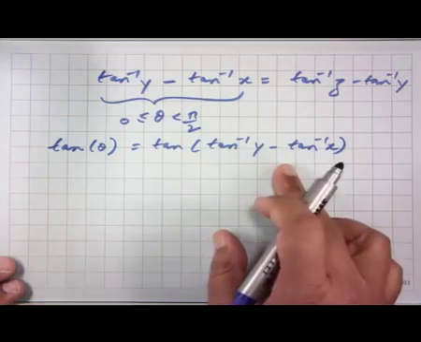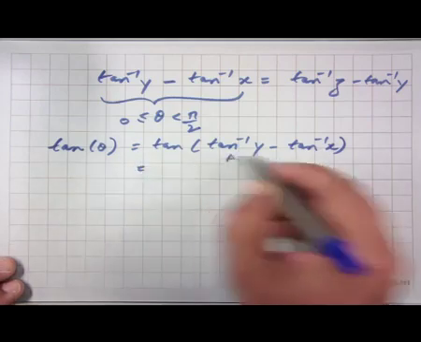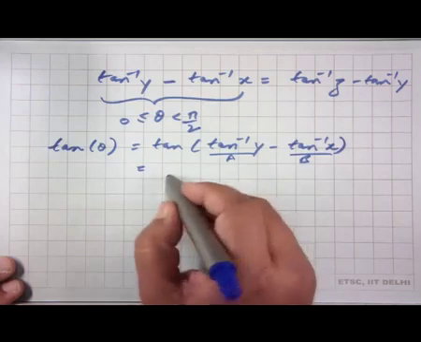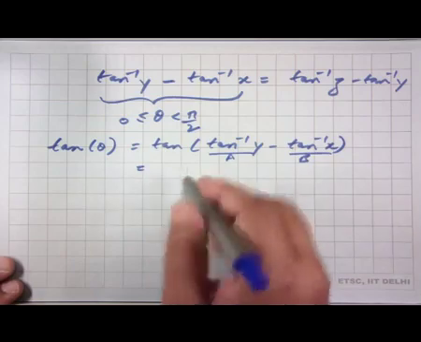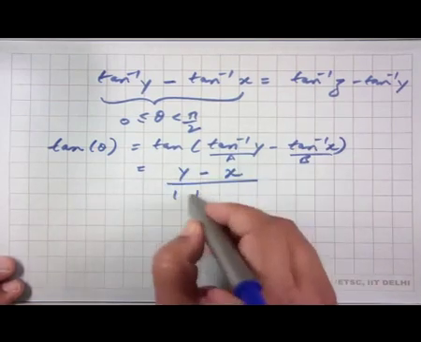Here we are going to use the tan of a minus b formula. Let us say this is a and this is b. So this will be equal to (tan a minus tan b) over (1 plus tan a tan b). So tan a is y, tan b is x, giving (y minus x) over (1 plus xy).